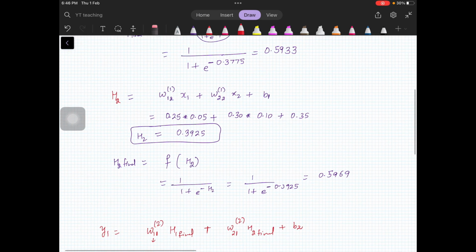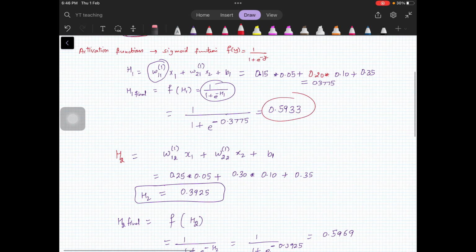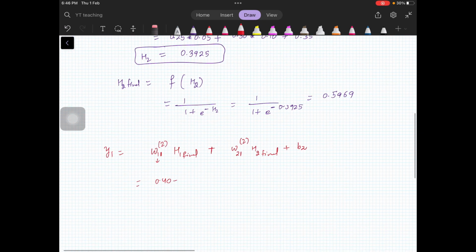Now you see what was your h1 final here, 0.5933, and then you have this weight as 0.45, and this value is 0.5969, plus your b2 is 0.60. That was your bias term for the second layer. So this comes out to be 1.1059. Okay, so this is my y1.